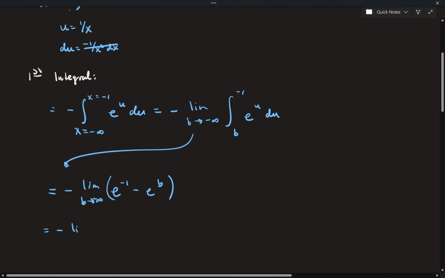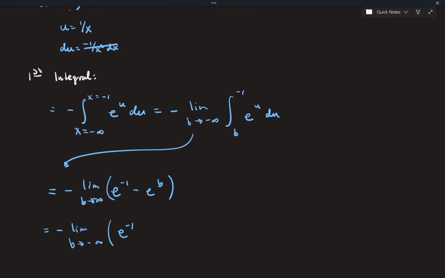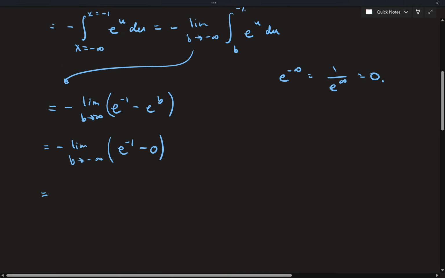So that's negative limit b goes to negative infinity of e to the minus 1, and then e to the negative infinity, that's 1 over e to the infinity, which is 0. So that's minus 0. So there's negative, and then 1 over e. So that's the first part.